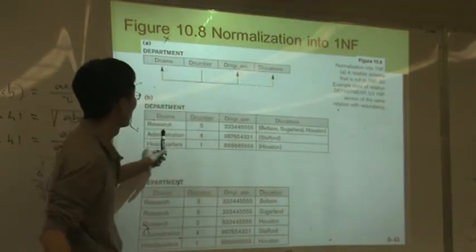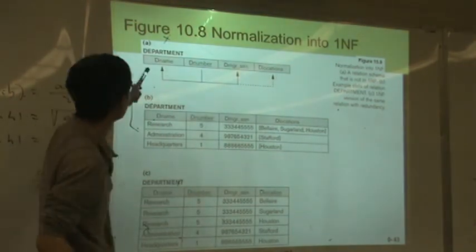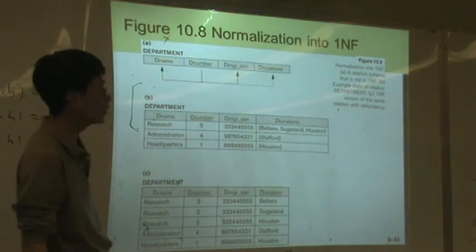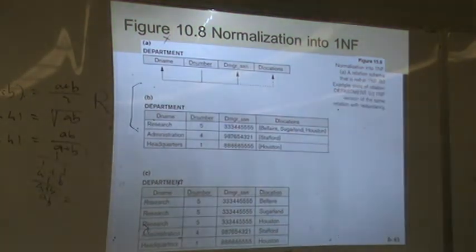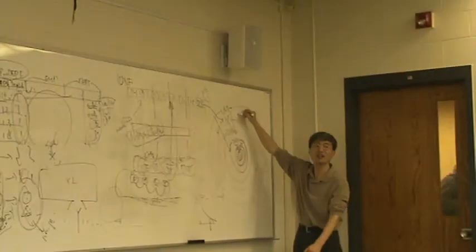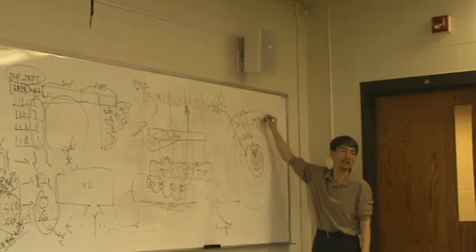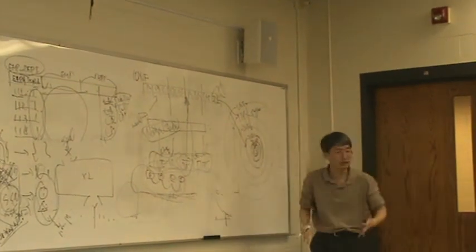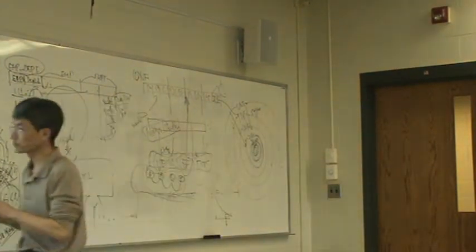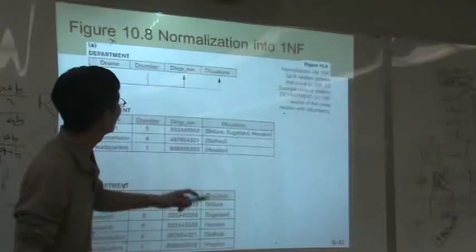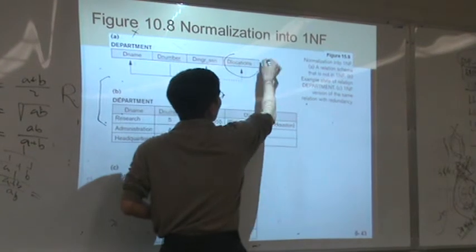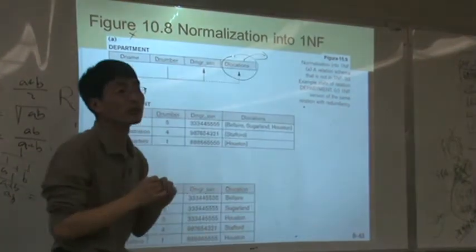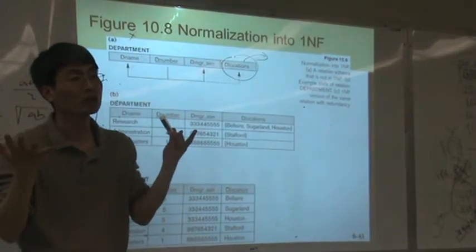Okay, so what about this? This is an example of the department. So we need address, such a problem. The only solution to make the normalization is segmentation. Segment, take out that part. So in this case, to make the first normal form, we can take out this attribute, make a new table.